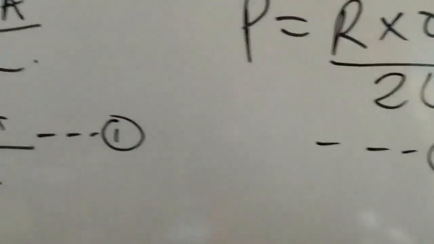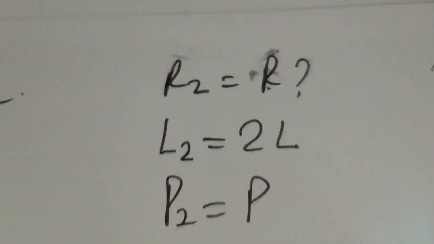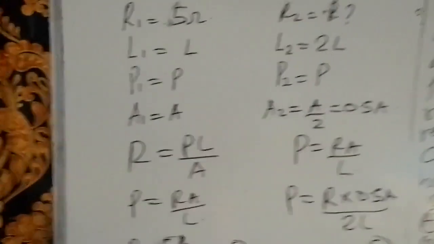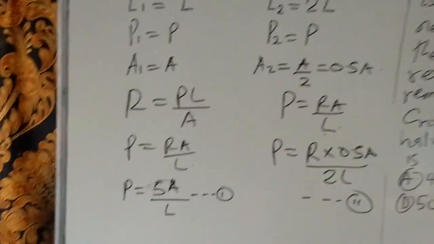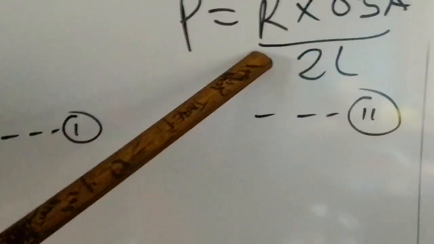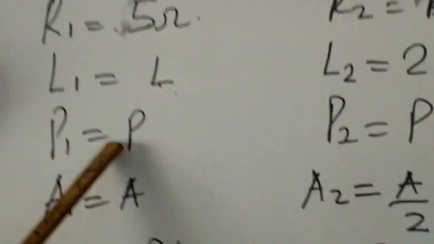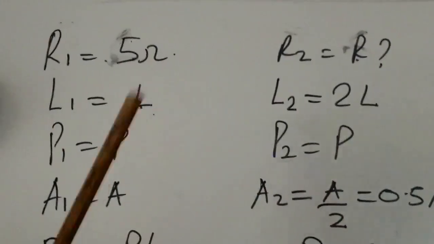So go through it, you can take a look at what we have done so far before we continue solving. Since this is resistivity and this is also resistivity, and we are told that the resistivity of the two wires remains the same, P1 is equal to P2.